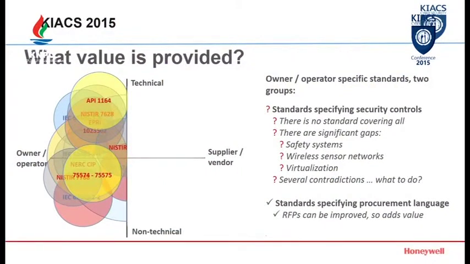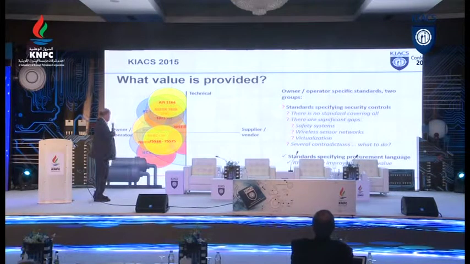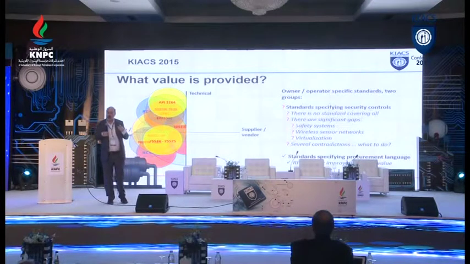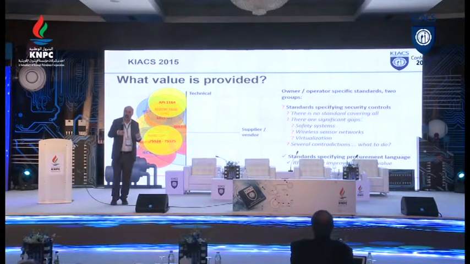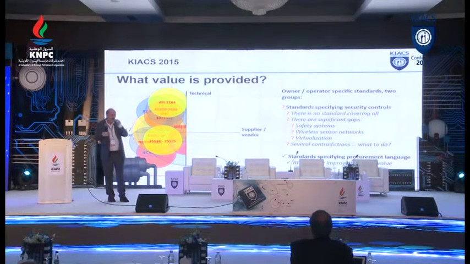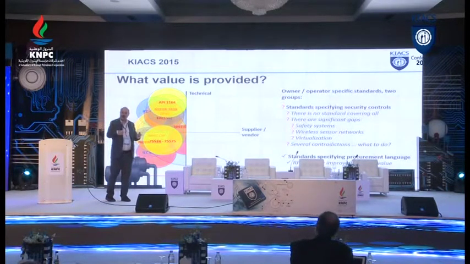There was a standard you didn't see there because of all these automatic things going over the line. But there are standards specifically for requests for proposals, describing procurement language, describing how you can specify security. And that's a very important thing also in security. It's not only important to specify your system in technical terms so that you get a secure system, but the moment you send a request for proposal for a new system to a vendor, it's very important that you communicate your requirements very clearly.